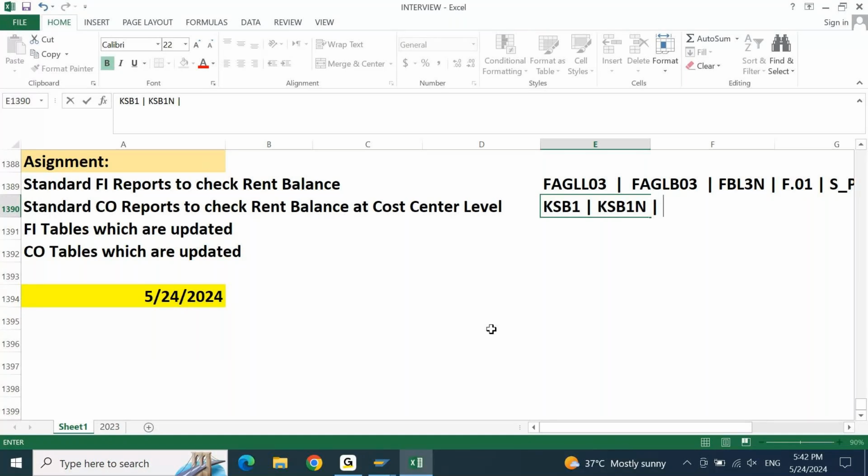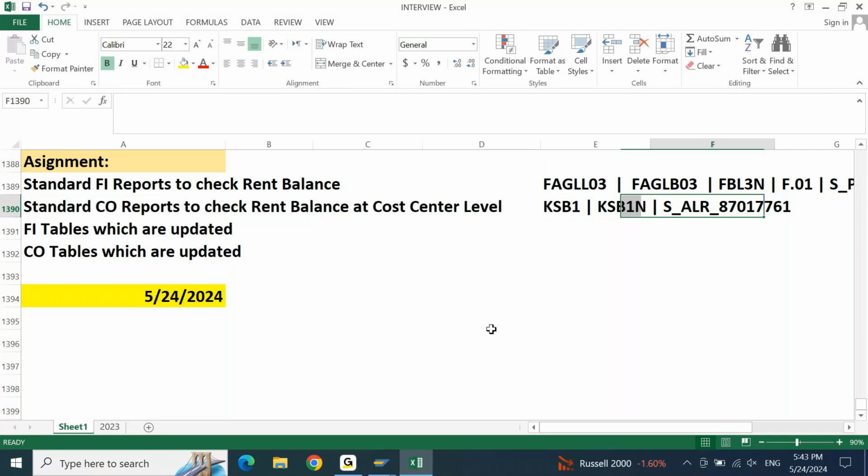Any other reports? There's another report that starts from S_ALR. This is very important. S_ALR_87013611, I think. I'm also not sure. Let me check.